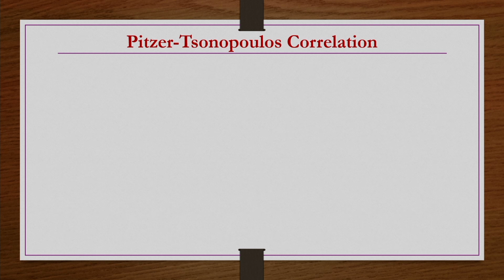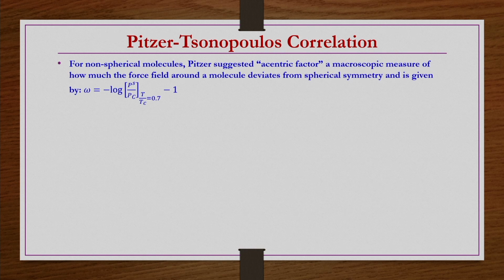Now, we take another correlation, Pitzer and Sonopoulos's correlation. We already know that Pitzer has suggested the eccentric factor for non-spherical molecules. Non-spherical molecules are molecules whose force field is not symmetric, so we can call them non-symmetric molecules, right. For them, the eccentric factor has been defined.